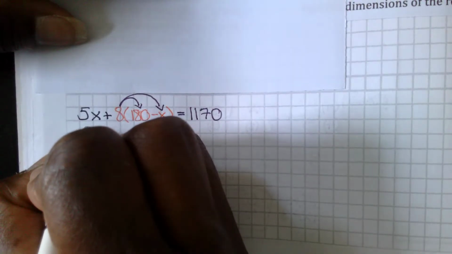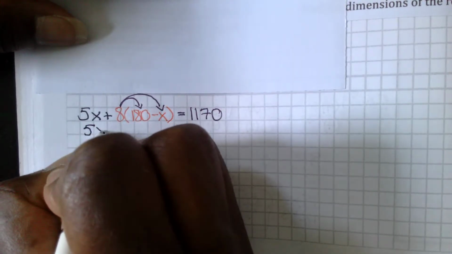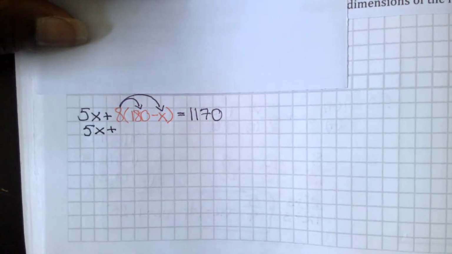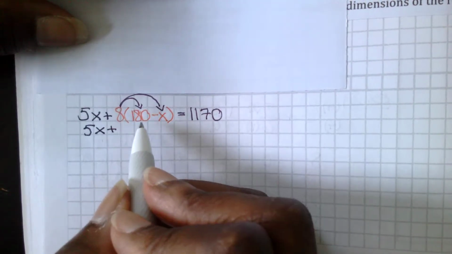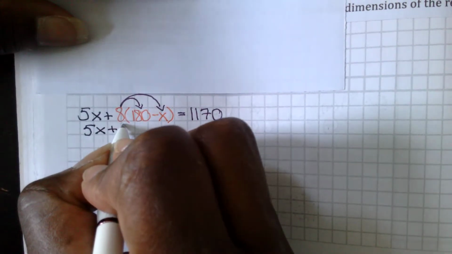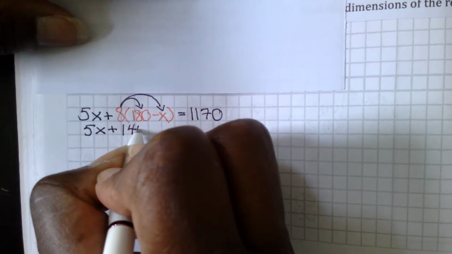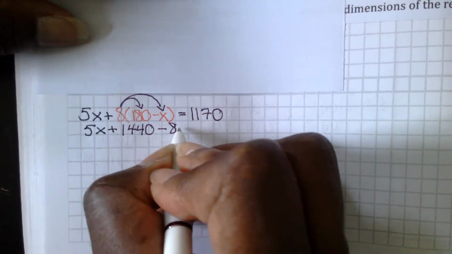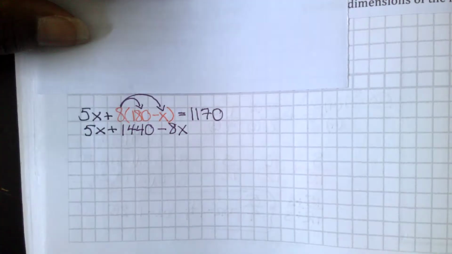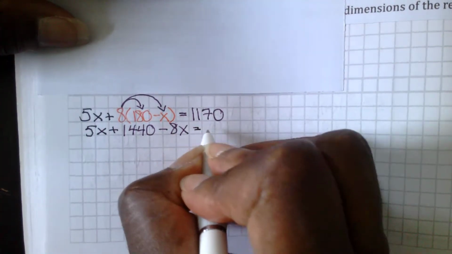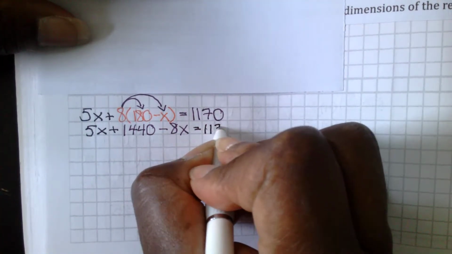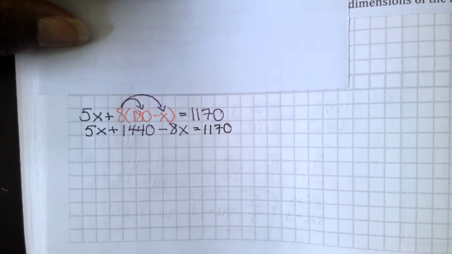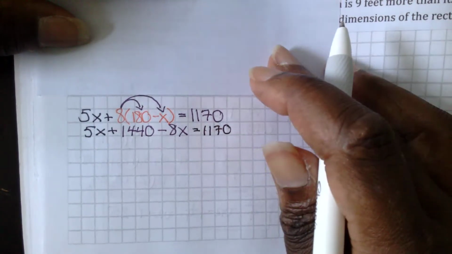So my 5x comes down, my plus comes down, 8 times 180 gives me 1,440 minus my 8x, and it's going to equal 1,170. All right, so we did that distribution.